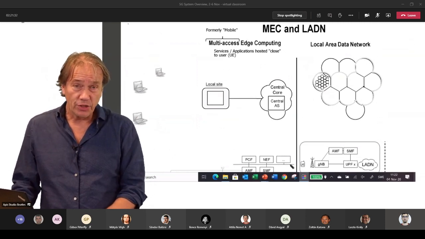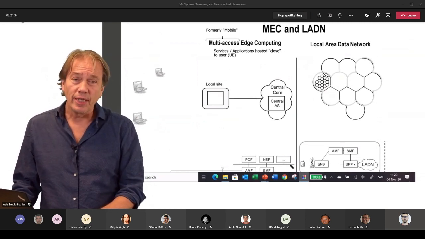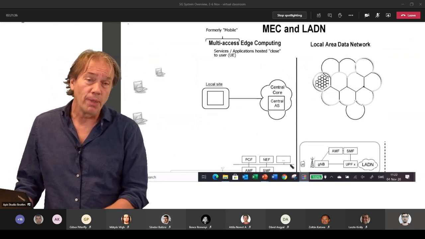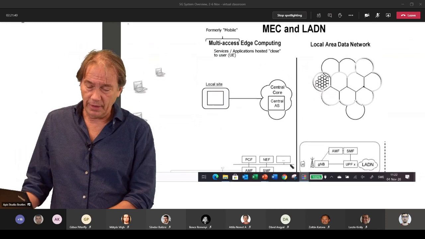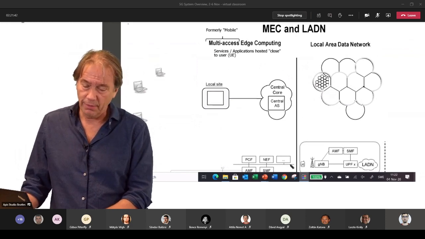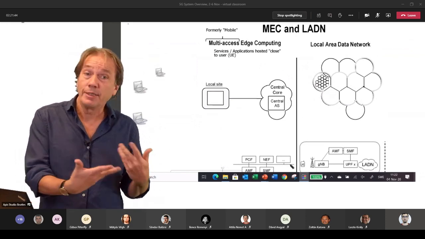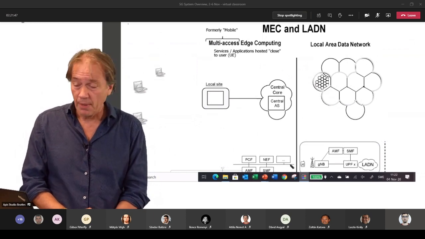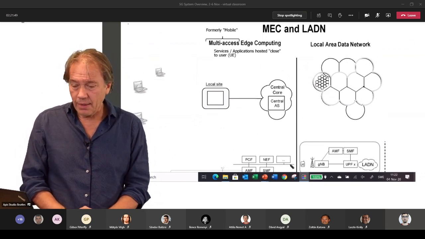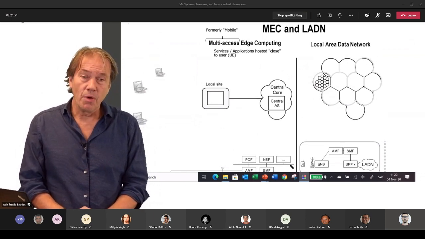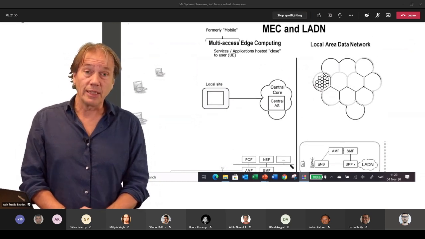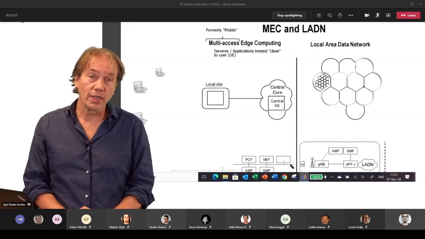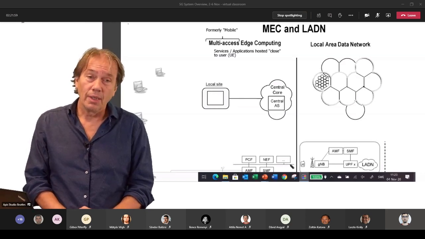3GPP specifications don't really say that much about edge computing. There is no MEC specification from 3GPP. The people who write specifications about edge computing is ETSI, European Telecommunication Standardization Institute.